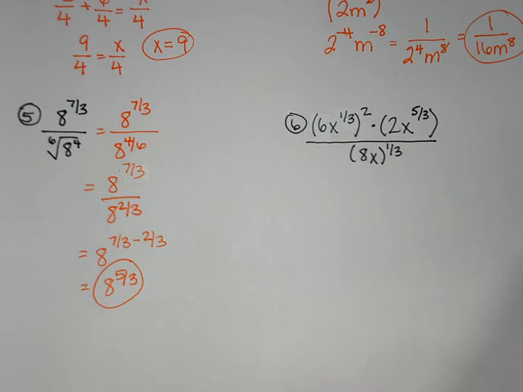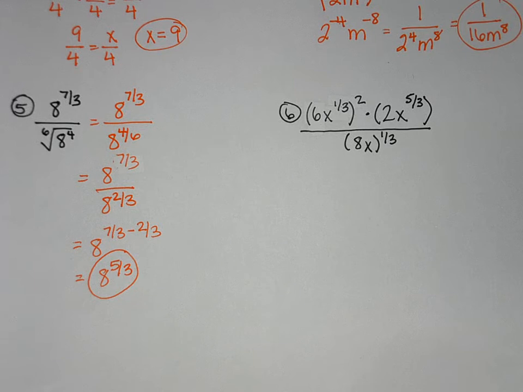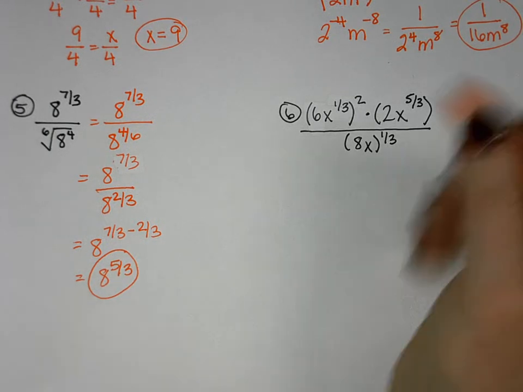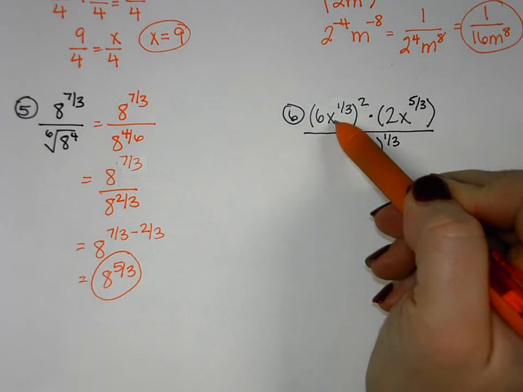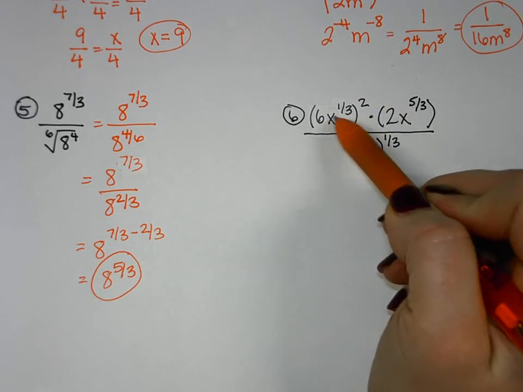Okay, then the last one here, number 6, has a lot of parts to it, so we're just going to take it a piece at a time. So if we start with the 6x to the 1/3 squared, let's put that 2 through to both terms.